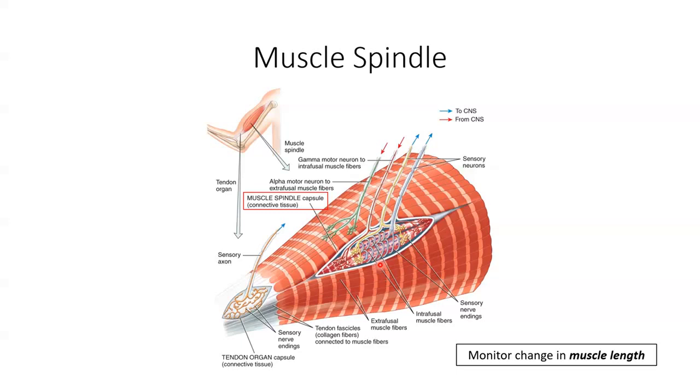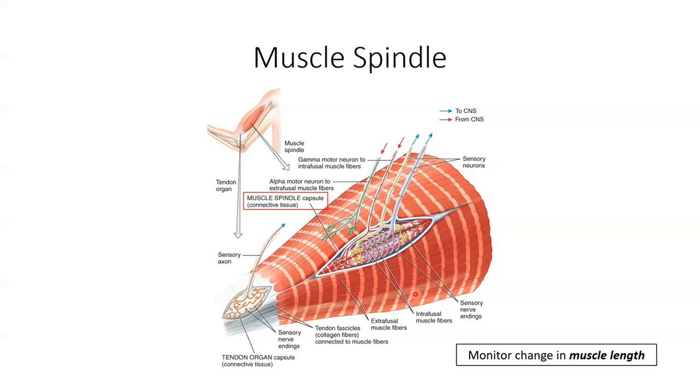Now, the resulting nerve impulses will propagate to the central nervous system. And in response to the stretching of a muscle, motor neurons of the extrafusal muscle fibers, which are all these muscle fibers outside of that capsule, will be stimulated. And these will cause the muscle to contract to relieve that stretching.